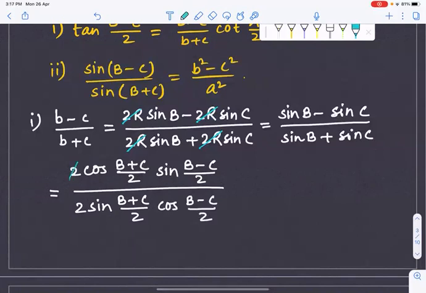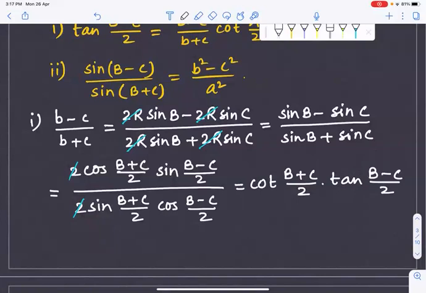Here these two get cancelled and we get cot (B plus C) by 2 into tan (B minus C) by 2, right?